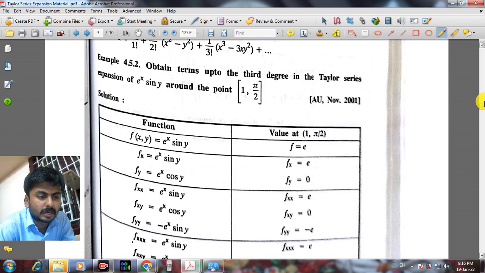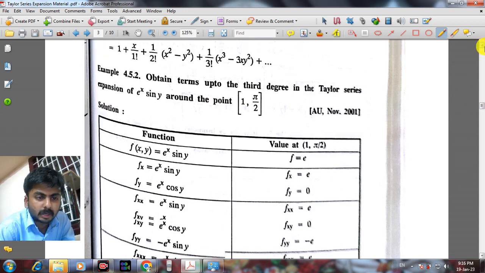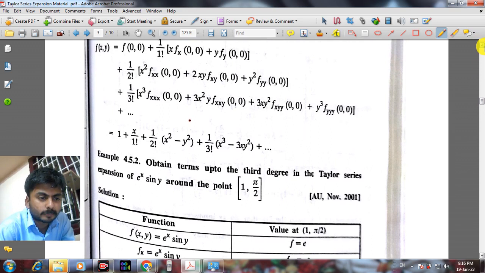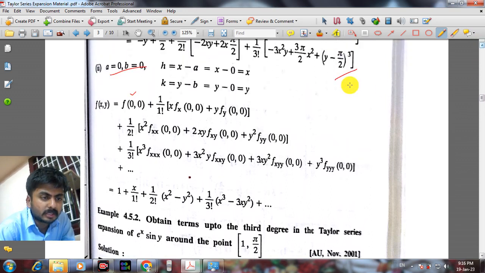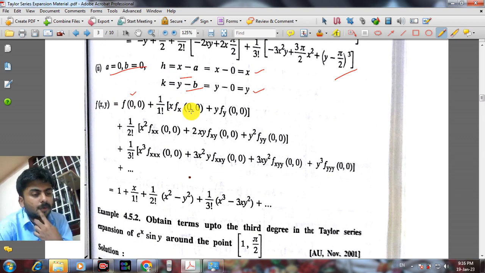and now we are substituting the values in the Taylor series expansion. So a equal to 0, b equal to 0, so h equal to x minus a is x itself, k equal to y minus b is y minus 0, that is y itself. So f of a comma b is 0, 1 by 1 factorial of x, that is h into fx of x comma y at a comma b, y into fy of x comma y at a comma b.